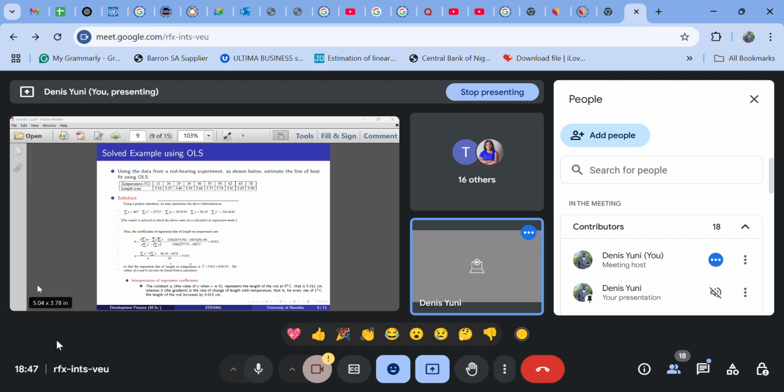And why it becomes a bit tricky is because the relationship will not always be causal. There are some relationships that will not always be unicausal. There are some relationships that are bicausal. So it's in the context of the question that you determine which one is the dependent and which one is the independent. So if the question, for example, says, how does income affect education?